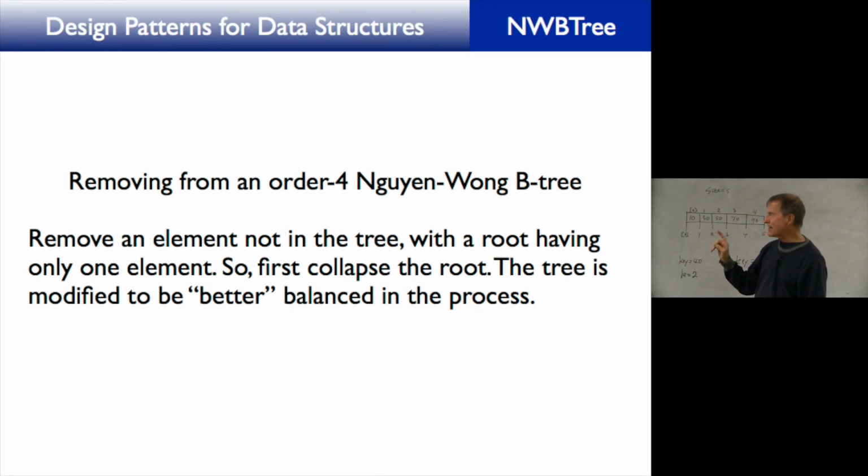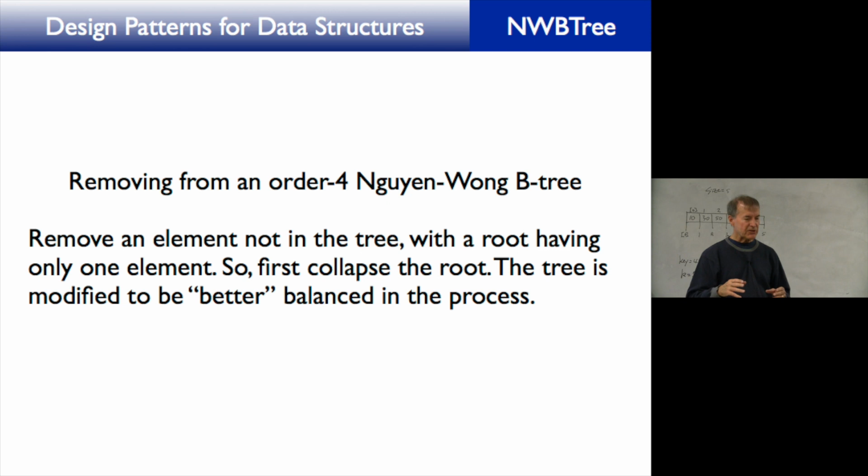Now this is an interesting feature of the Nguyen-Wong B-Tree. It's actually possible. Look, if the element is not in the tree and you try to remove it, it's possible that the tree will be modified. Are you with me?